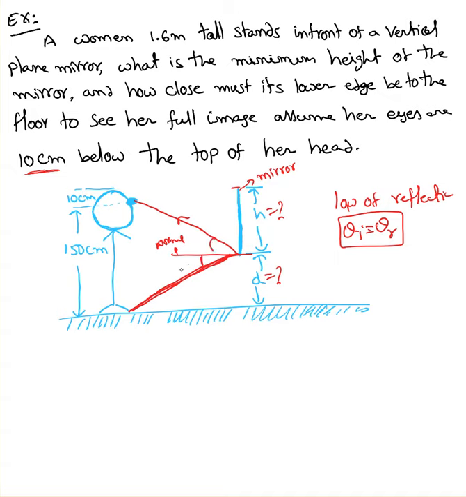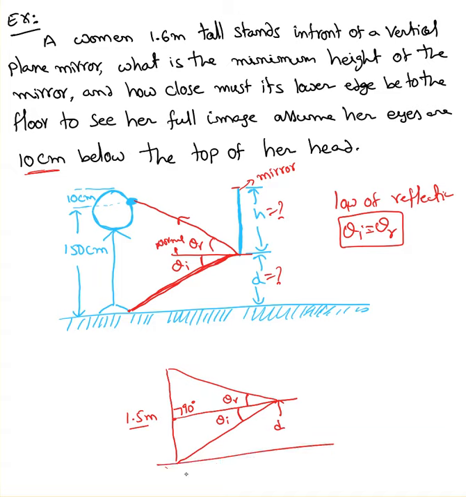Okay, so I know that theta I must be equal to theta r. So if we look at this triangle, the height from eyes to the toes is 1.5 meters. So if we make theta I equal to theta r, isn't it going to bisect exactly in the middle, which is 0.75 meters? So can I say this height, the d, must be 0.75 meters.